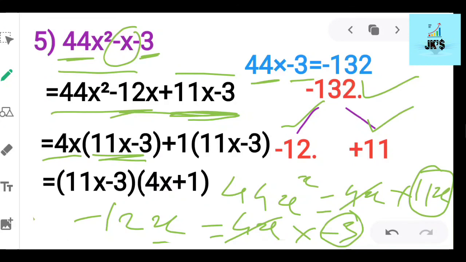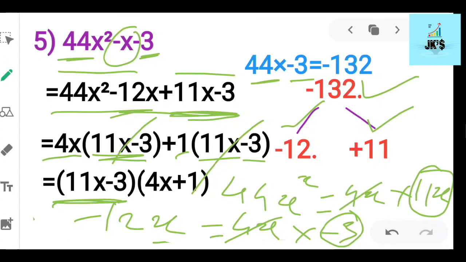Again, in this 11x minus 3, 11x is written as 11x into 1, and minus 3 is written as minus 3 into 1. So we take 1 common, 11x minus 3. This bracket and this bracket are equal, so we take it as common.